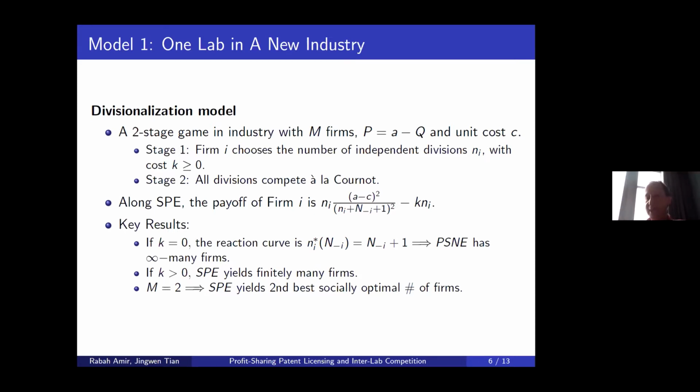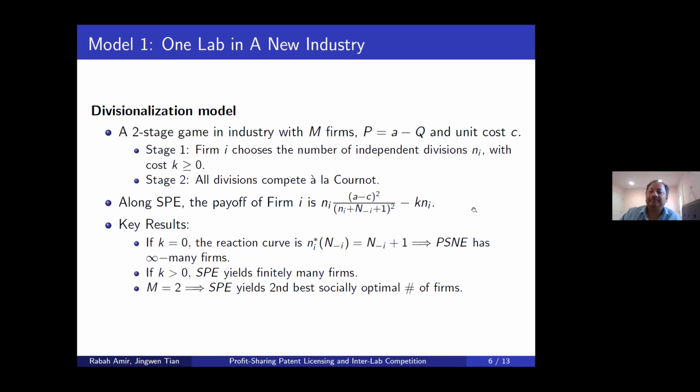And the other thing is you pay a fixed cost F to learn how to operate this technology, which is not production cost. Production cost is a constant unit cost C. This is a fixed cost to enter the industry that has to be incurred. It doesn't go to the lab. Exactly. That's my point. It doesn't go to the lab. Okay, all right.